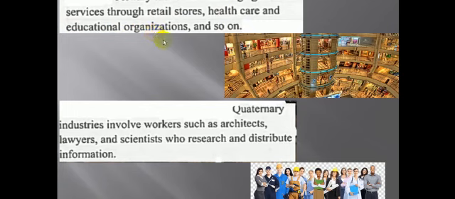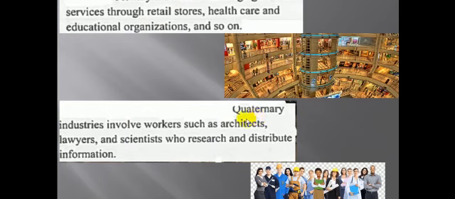Educational organizations are also a service. So in tertiary industry, we exchange what was manufactured in secondary industry with retail stores, healthcare, and educational organizations.